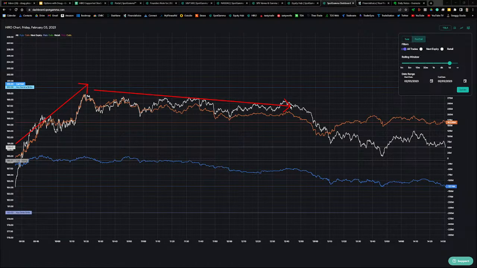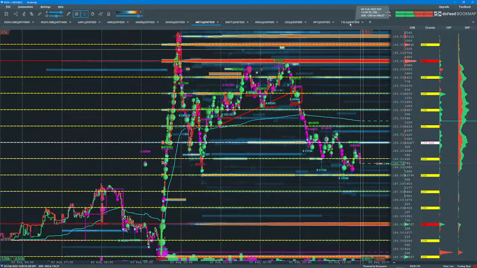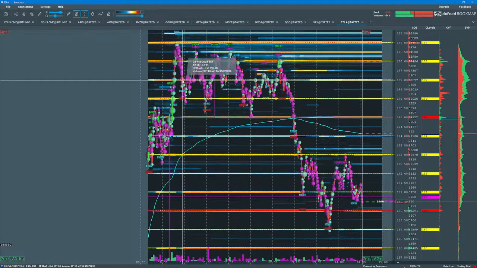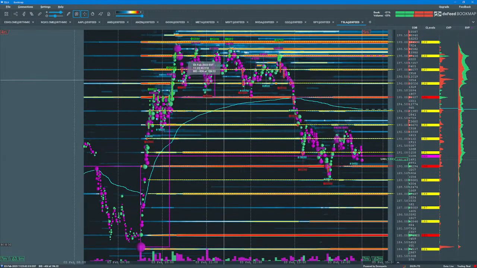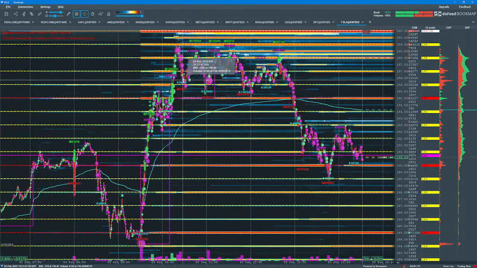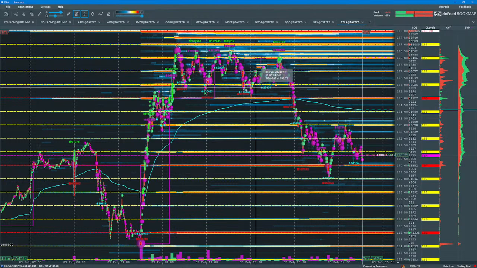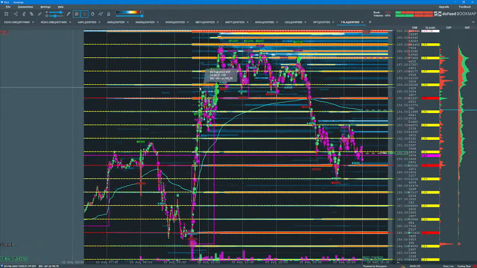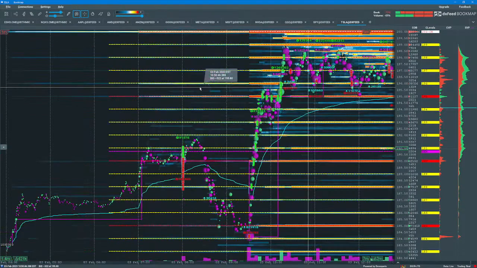Call buyers start selling their calls, and prices reversing lower, and they continue to buy puts. And we'll take a look at Bookmap now. So long setup in the morning if you were fast enough to catch that.